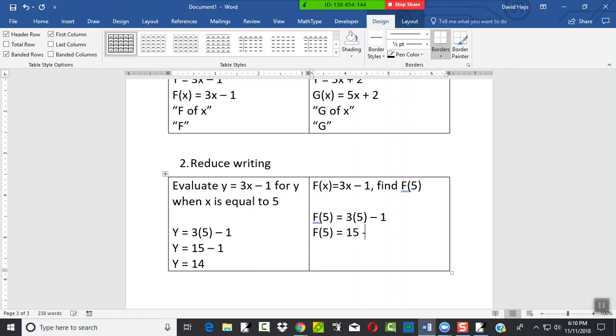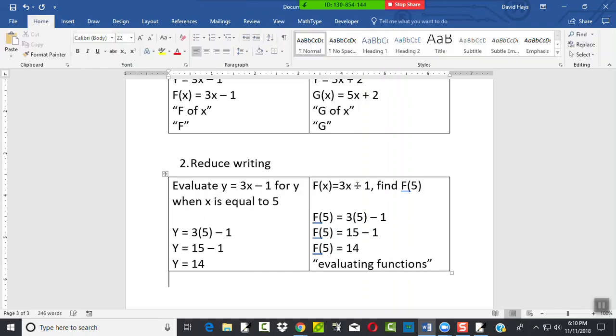F of 5 is equal to 15 minus 1. F of 5 is equal to 14. That's called evaluating functions.